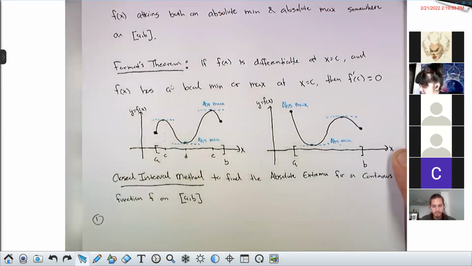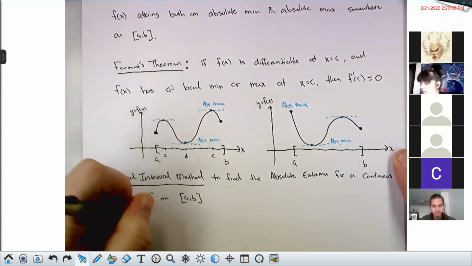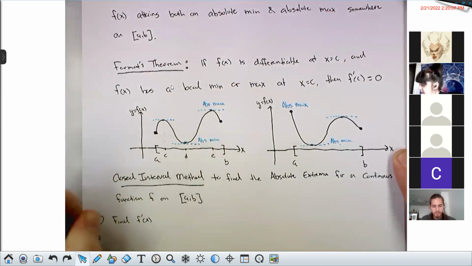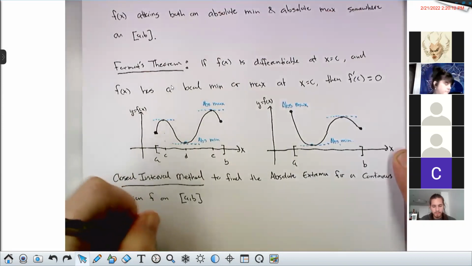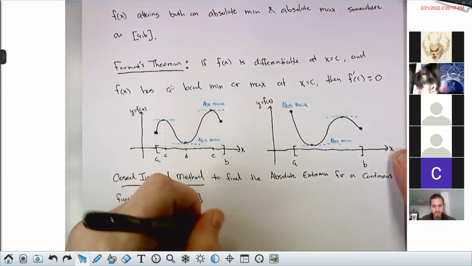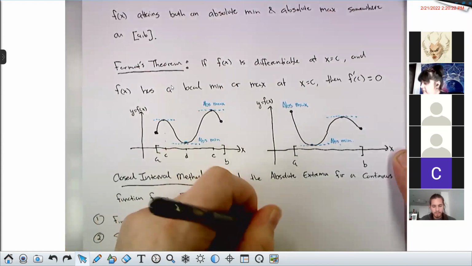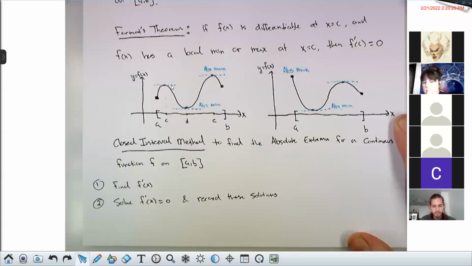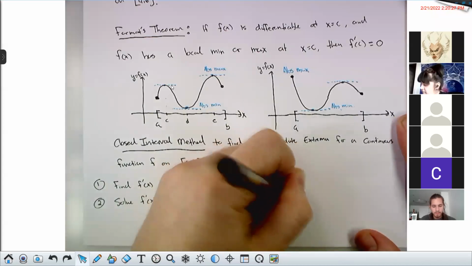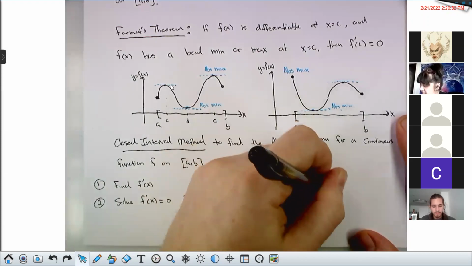First, find f prime. Second, solve f prime of x equals 0 and record those solutions. Maybe I'll call them x1, x2, whatever, so you have n of them, xn.